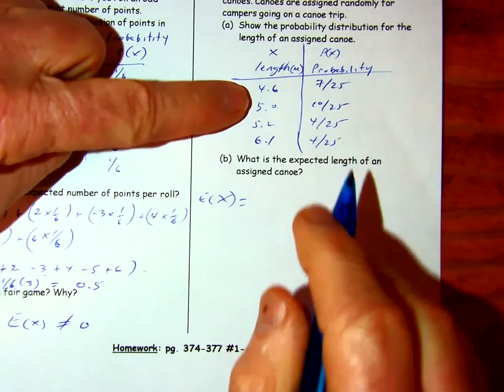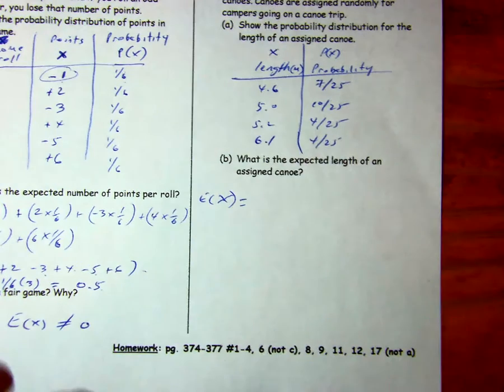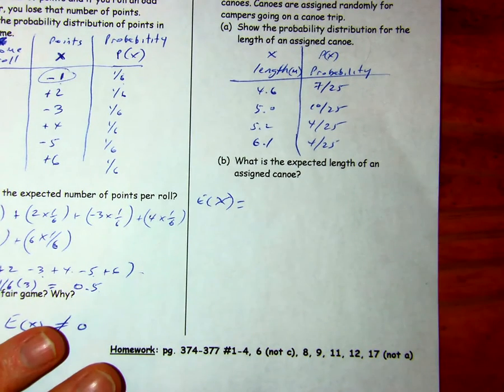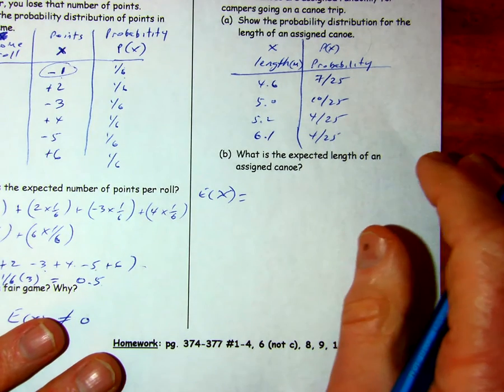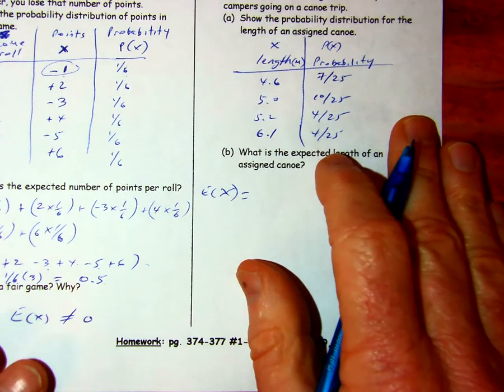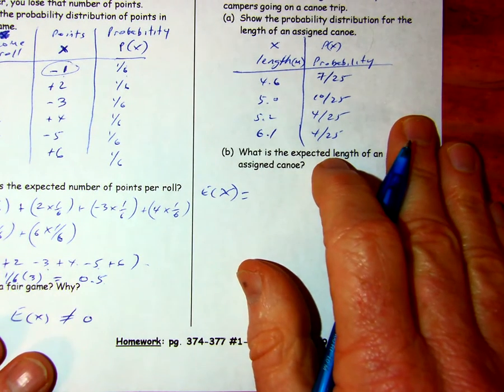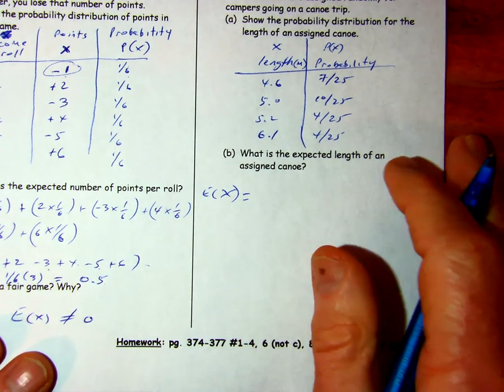It's each outcome times each probability. So why don't you just do that now and tell me what your answer is, and I will do it away from the camera. Tell me when you're done.